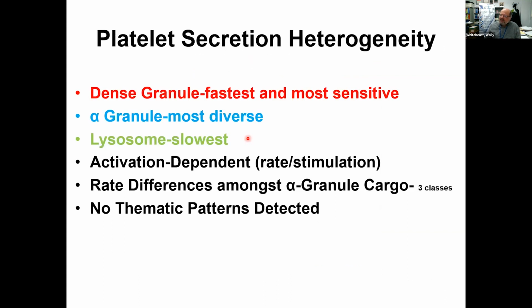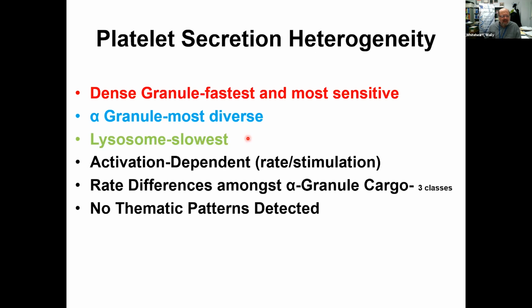Okay, so to lead into where I'm going with this, we came up with a few observations of platelet secretion heterogeneity. First of all, dense granule release, serotonin, and other molecules that are in the dense granules is the fastest, and it's also the most sensitive to the lowest concentrations of agonist. So this is the first thing that comes out. And this is fitting because ADP is one of those cargoes, and that's an important signaling molecule for the second wave of signaling that Wolfgang talked about.